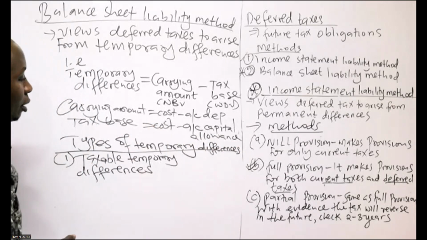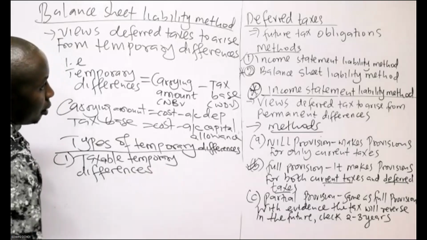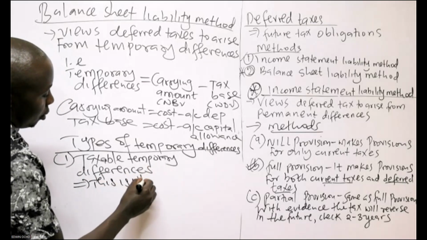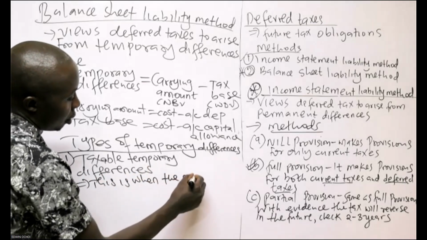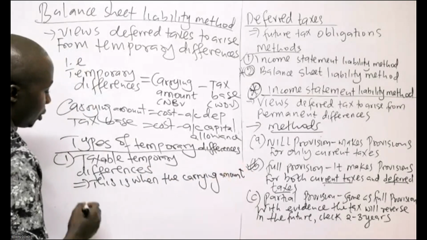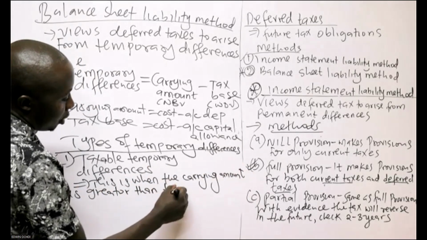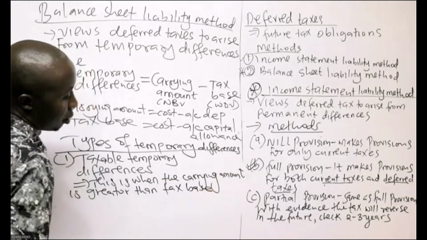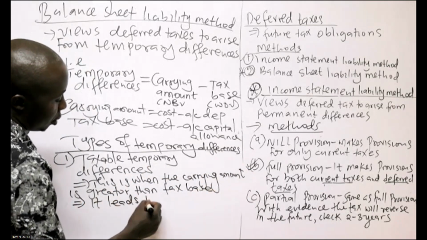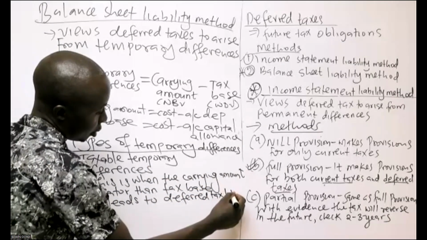When we talk about taxable temporary differences, this is when the carrying amount is greater than the tax base. Then you will say that it leads to a deferred tax liability.